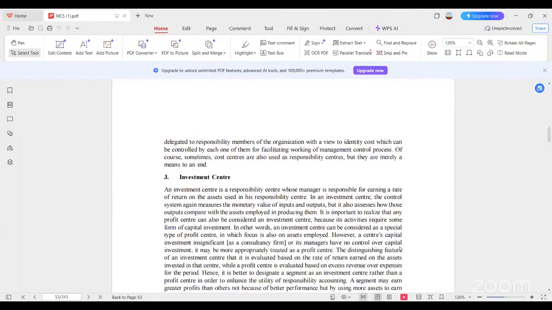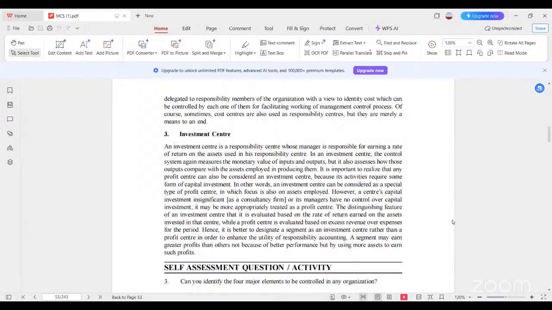Next is your expense center. This is a unit or a division, you can say, of the organization for which costs are measured and controlled. But here we are not directly generating revenue. It does not directly generate revenue.